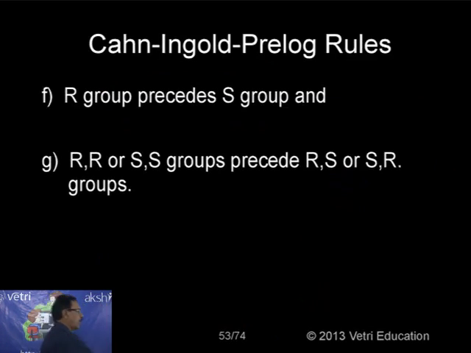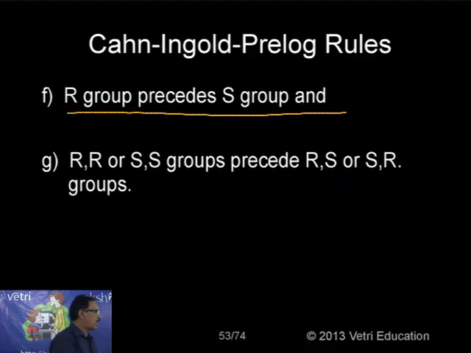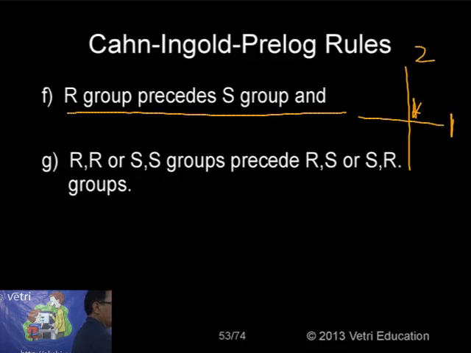The same way, the next one. Now, R group precedes S group, then R takes priority over S. Kindly follow. We have not yet finalized how to assign R, how to assign S. Suppose you take an optically active center, this we have assigned, this is 1, this is 2.